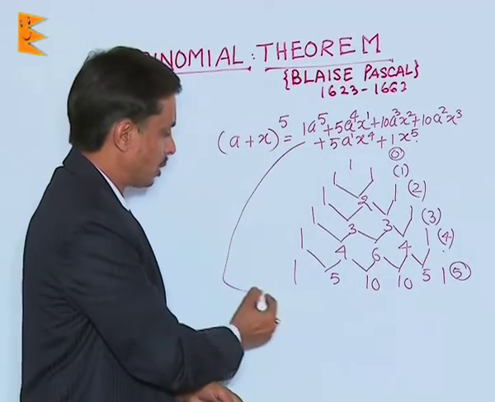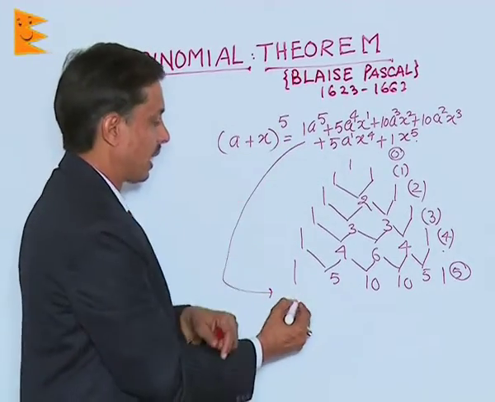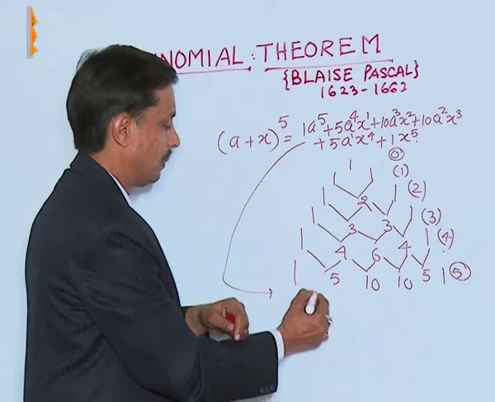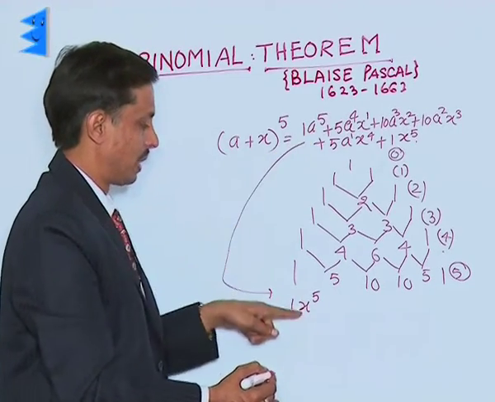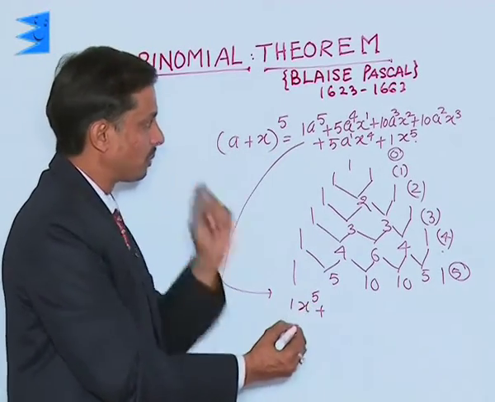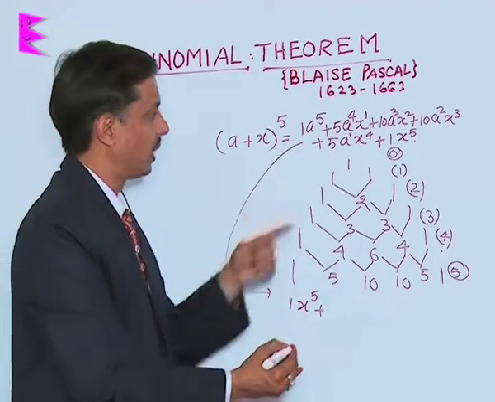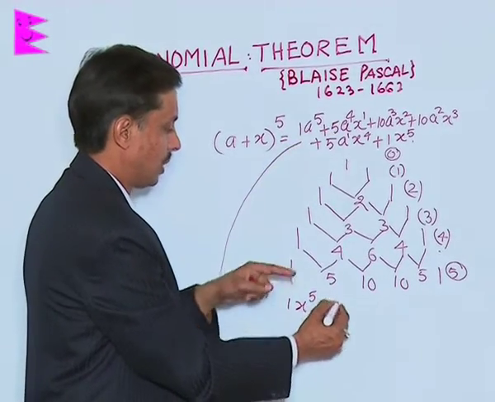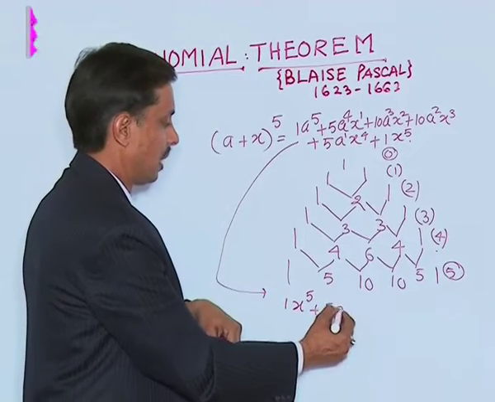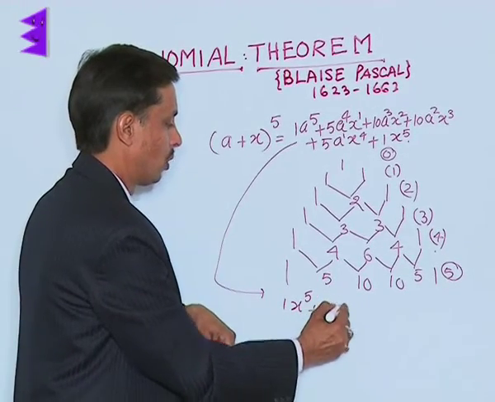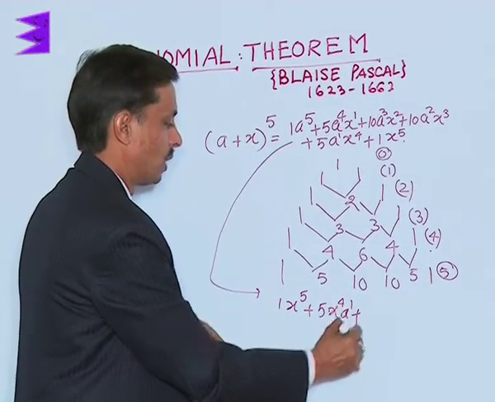The same can also be written as: we can write 1 of x to the power 5. First I am taking the maximum power of x, then one power is reduced of x and increased of a, the coefficient remains same, this 5, this becomes x raised to the power 4 and a raised to the power 1.